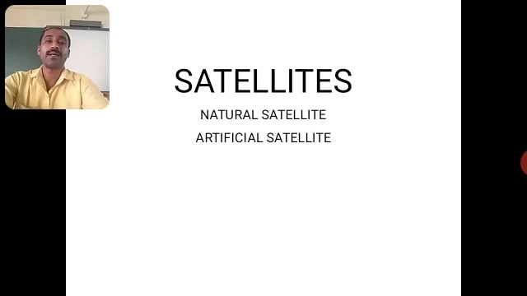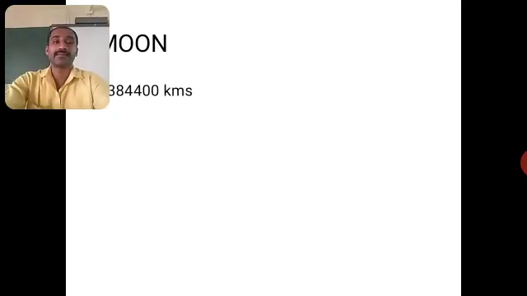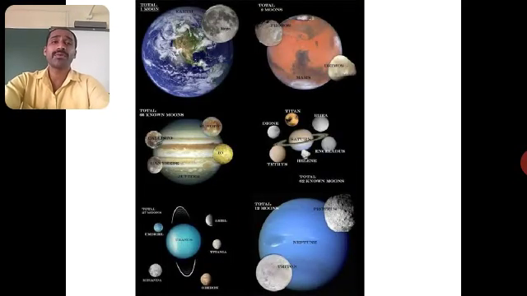For example, when the Earth is revolving around the sun, at the same time the Moon also moves along with the Earth.